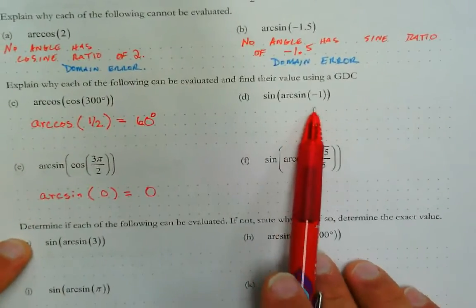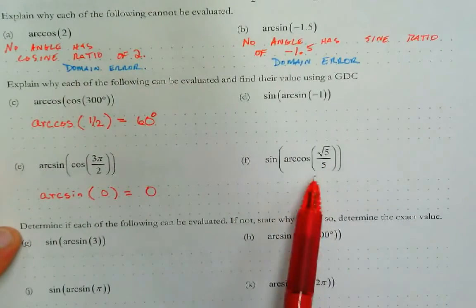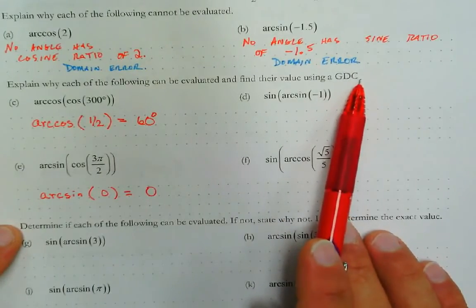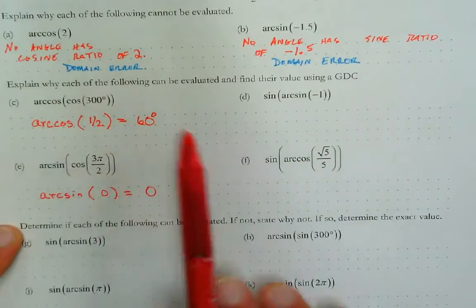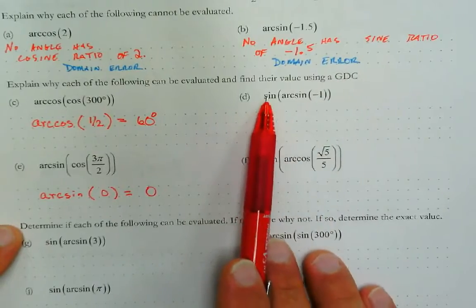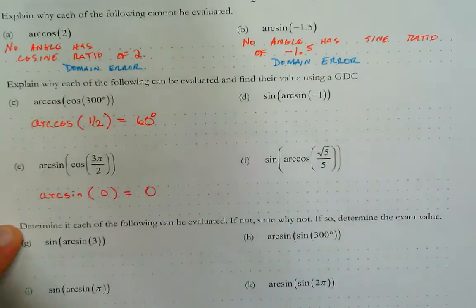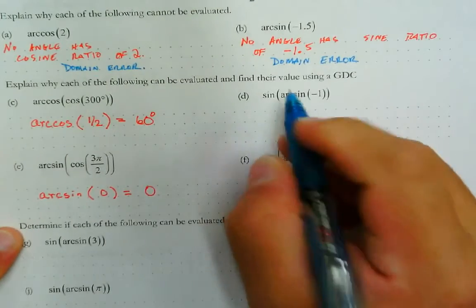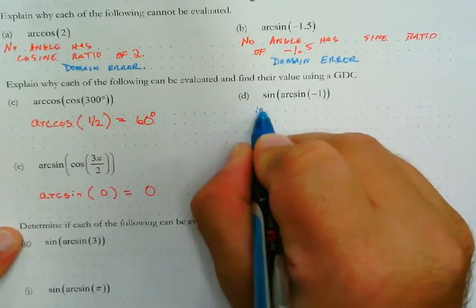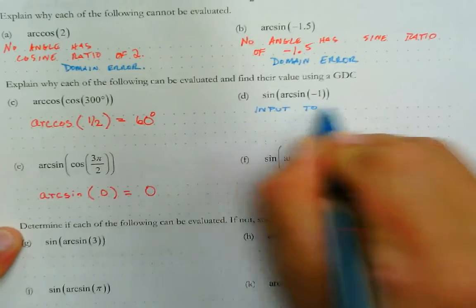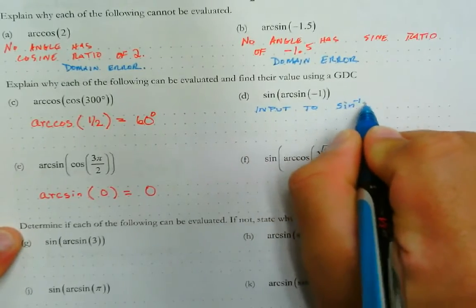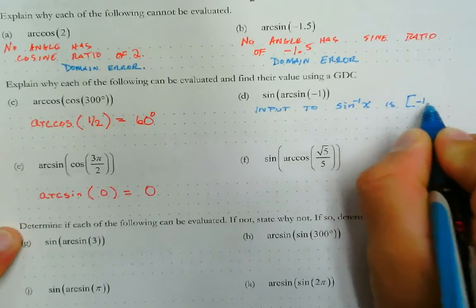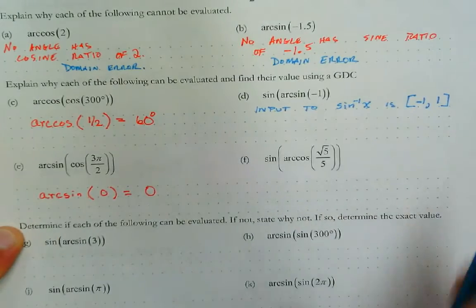What about over here? The arc sine and the arc cosine. Well, I can evaluate these using my GDC, right? You're going to go ahead and do that on your own, but why am I able to evaluate each of these? Well, simply because my input to my inverse sine is between -1 and 1. Great.